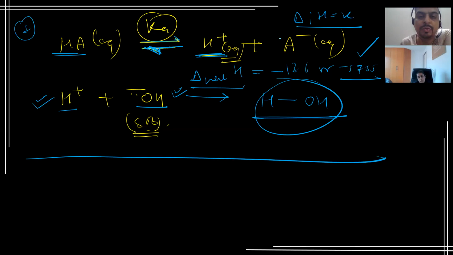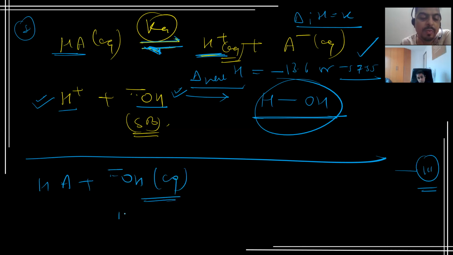You have to combine these two reactions, and once you combine them, you get a final third reaction. H plus will cancel out. HA plus OH minus, which comes from NaOH, a strong base, produces A minus plus water.